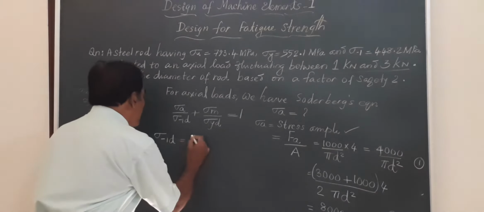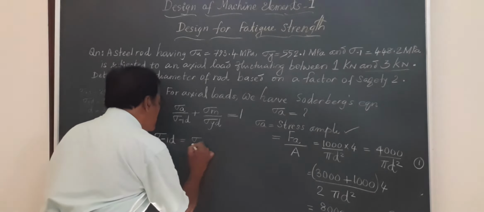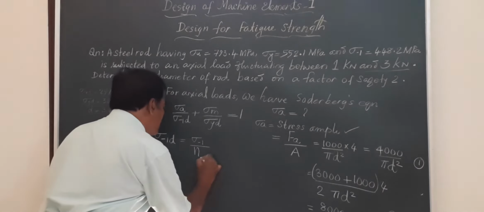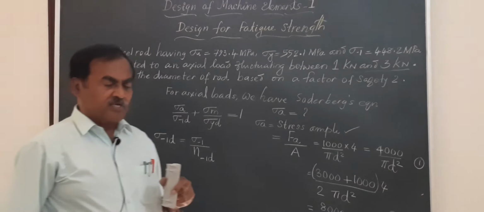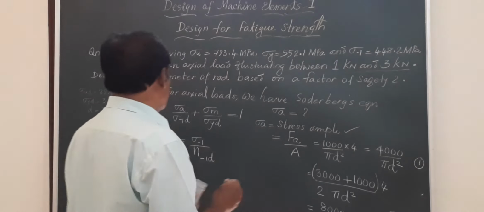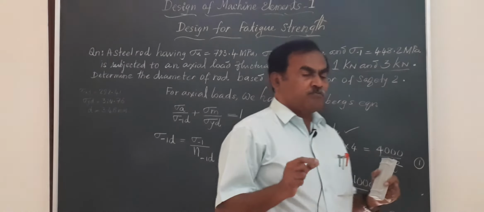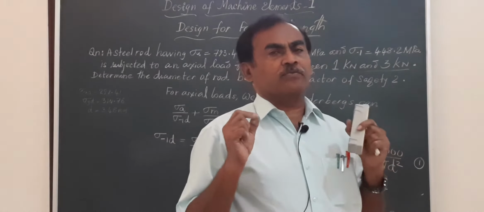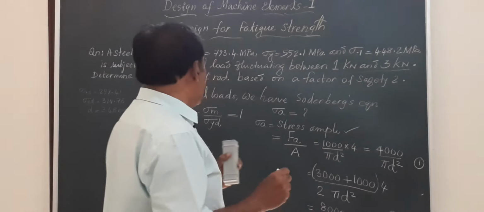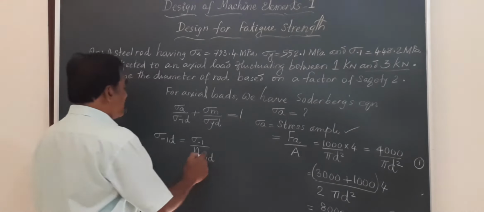So this is given by sigma minus 1 divided by n suffix minus 1d. Friends, sigma minus 1 is the endurance stress. Generally, if sigma minus 1 is not given in the data handbook, its value is approximately 50% of the value of sigma u.